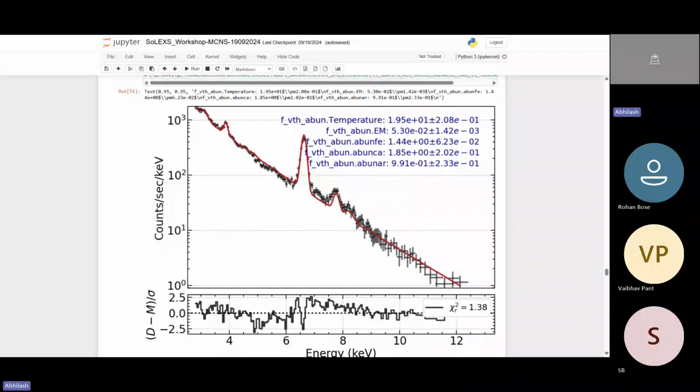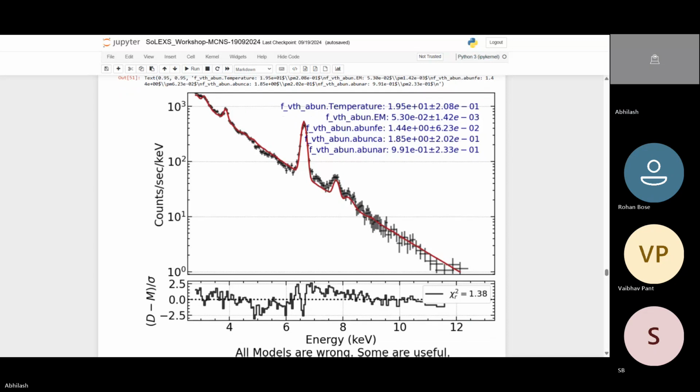We assume that at least the iron species abundance is set, and the emission line is only dependent upon the temperature. Exactly. Okay, so this is for one particular spectrum that we did this.